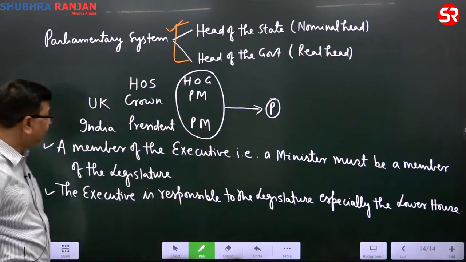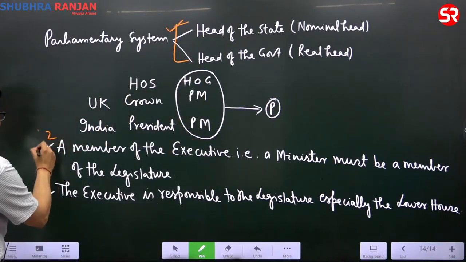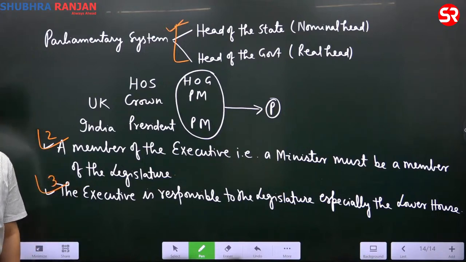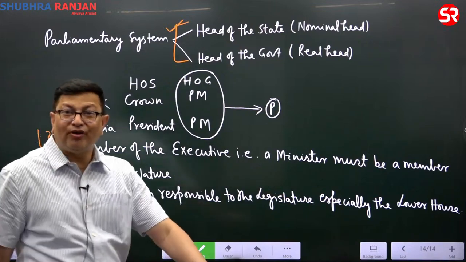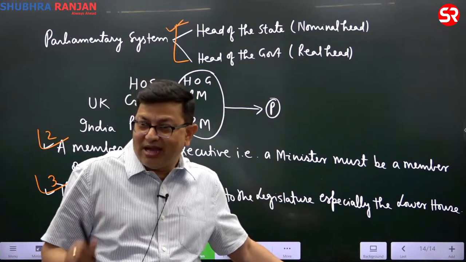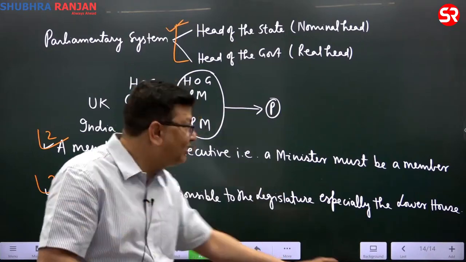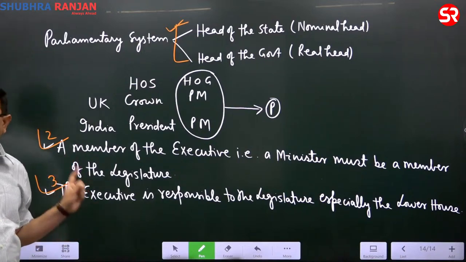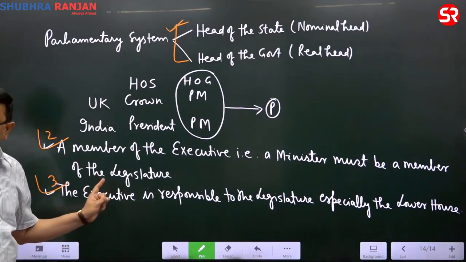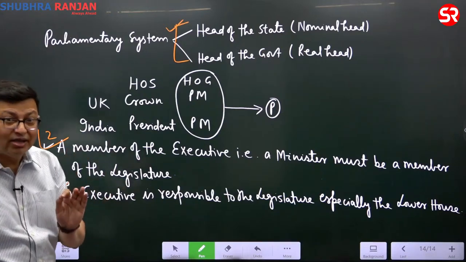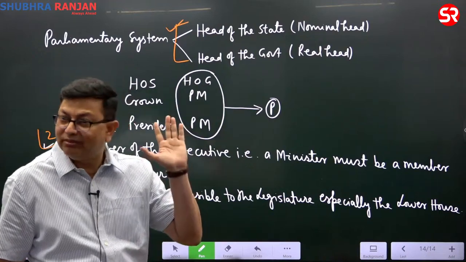First aspect, second aspect, and third aspect. UPSC is very fond of asking questions on the parliamentary system. And these 3 points that I have highlighted, not a single statement will be asked from outside it. These are the 3 aspects of the parliamentary system.